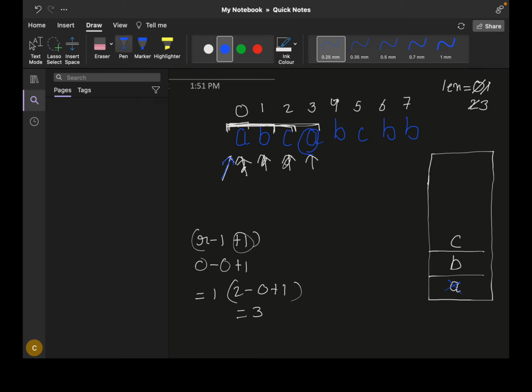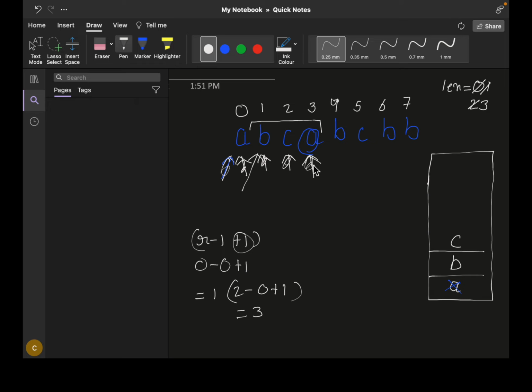It is not, so now our current substring is this one, with left pointing here and right pointing here. Again we calculate 3 minus 1 plus 1, which is 3, so we do not replace it because it is equal to the maximum.